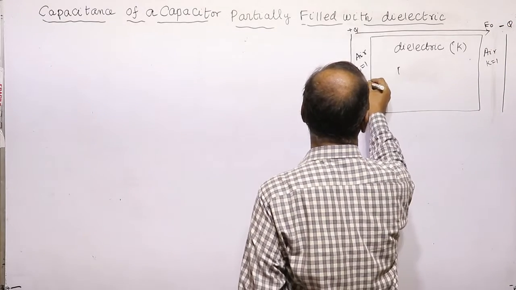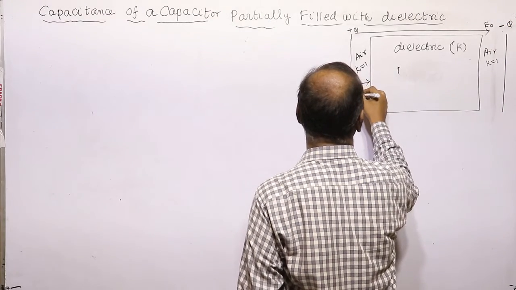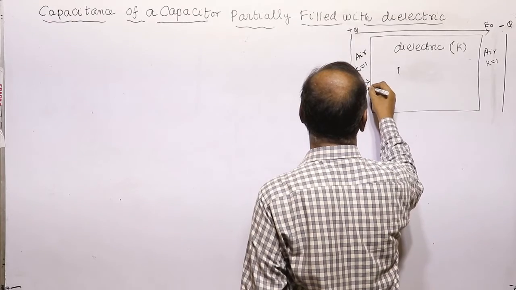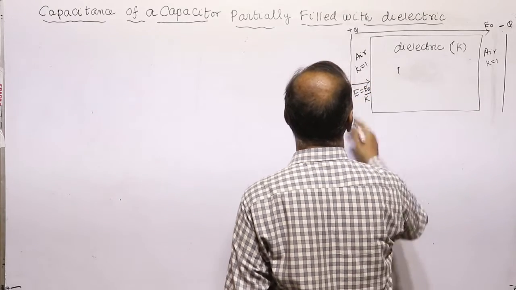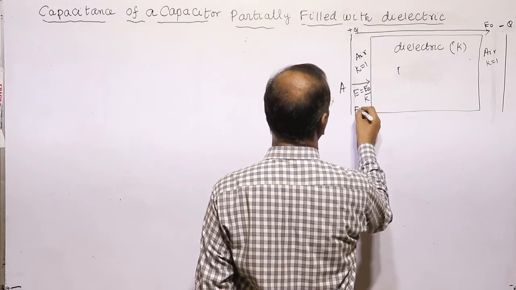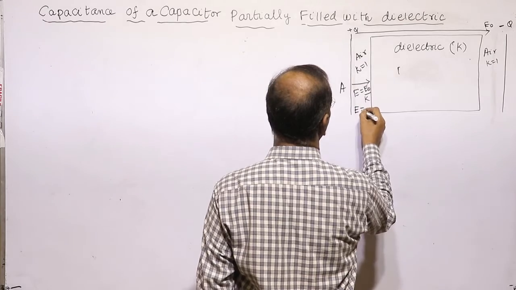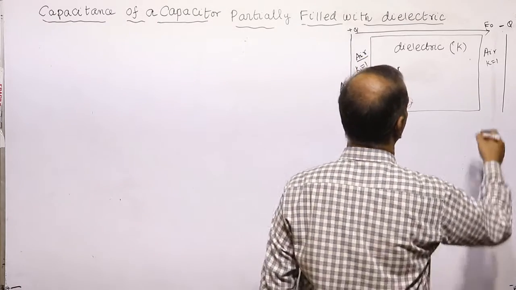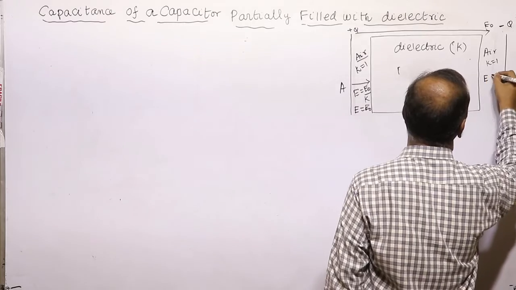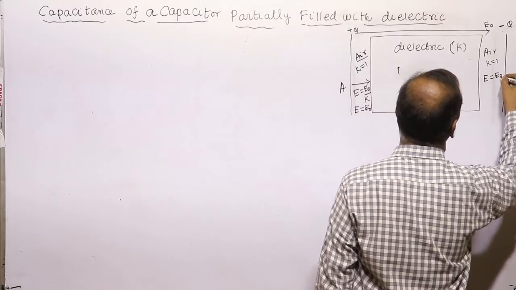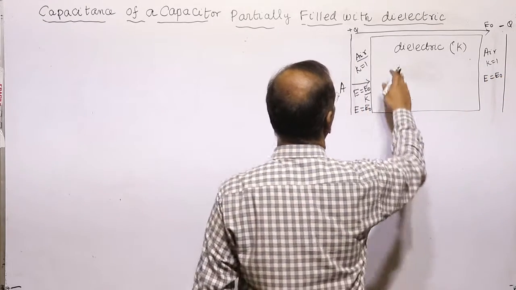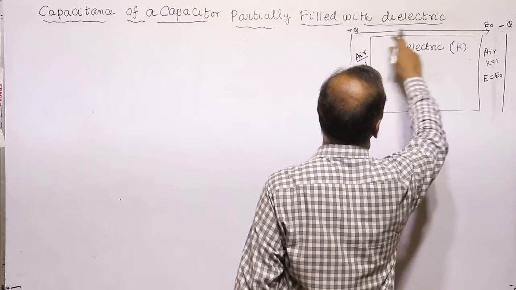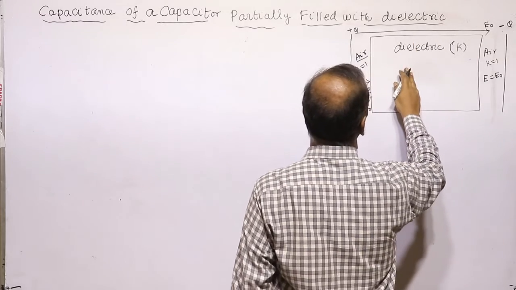Here also the applied electric field is equal to E naught by K. Since K is equal to 1, here E is equal to E naught in air. Here also E is equal to E naught. Now what about the electric field inside the dielectric? This is the applied electric field E naught.